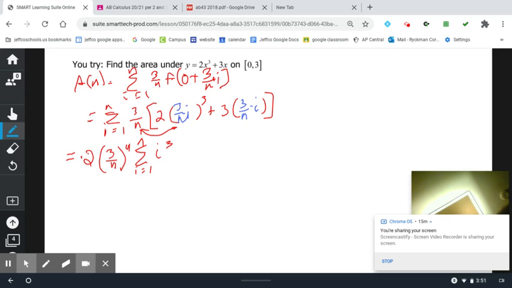Okay, I pulled that out, and that out. Cool. In the next one, I would have a 3 over n to pull out there, and another 3 over n, and a 3. So I'd have a 3 and 3 over n squared, and inside I'd have an i. How'd that go?